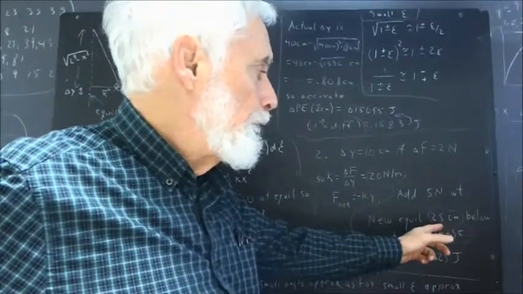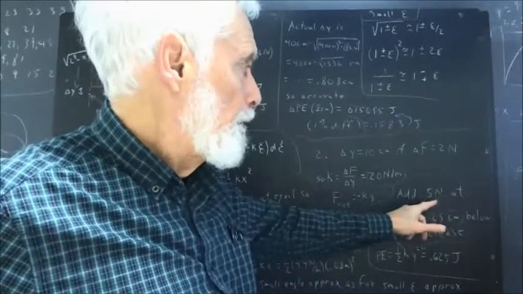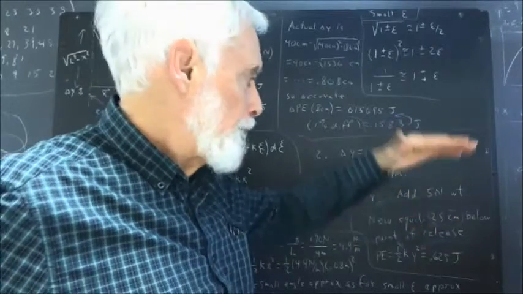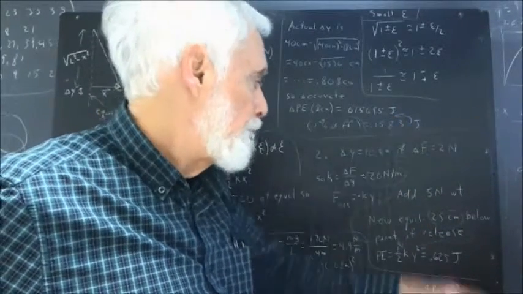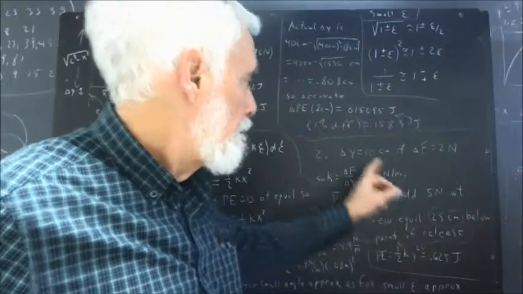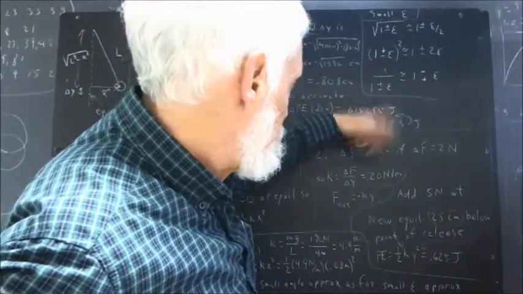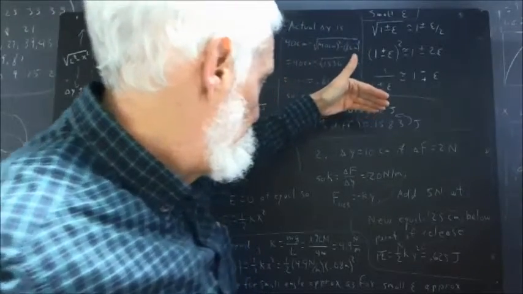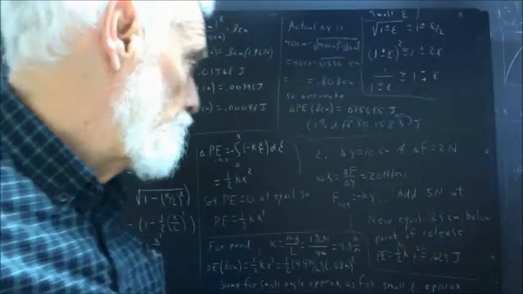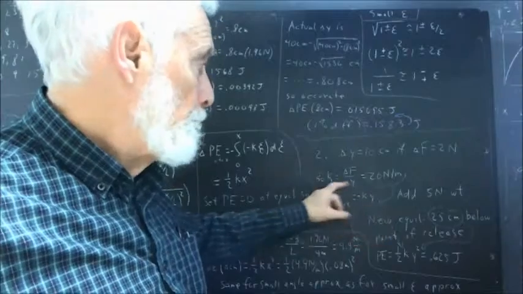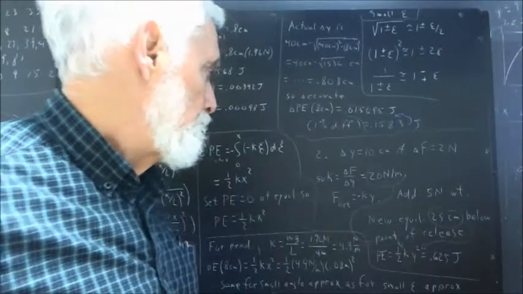That gives you a new equilibrium position when you have the additional 5 Newton weight that's 25 centimeters below the point you get if you add the 2 newtons. Okay, so you've added 2 newtons, measured the force constant.